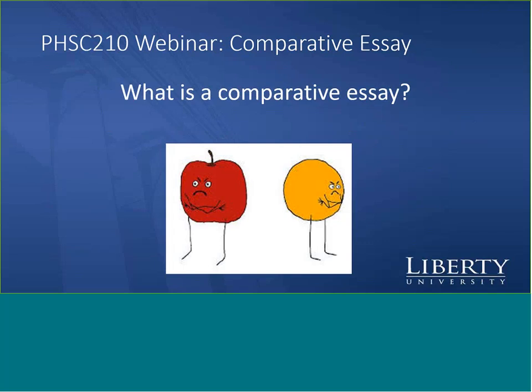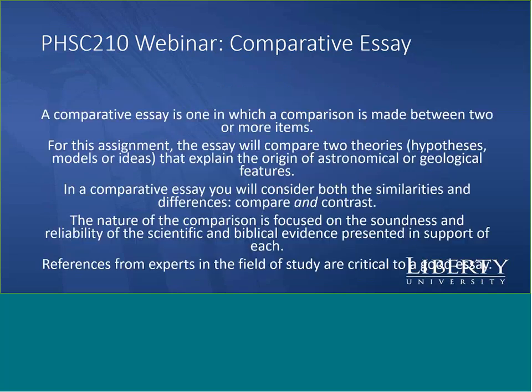So what is a comparative essay? Well, you're comparing 2 things that are different. A comparison is made between 2 or more items, and for this assignment, you're comparing 2 theories or 2 hypotheses or models or ideas that explain the origin of not really astronomical but geological features.